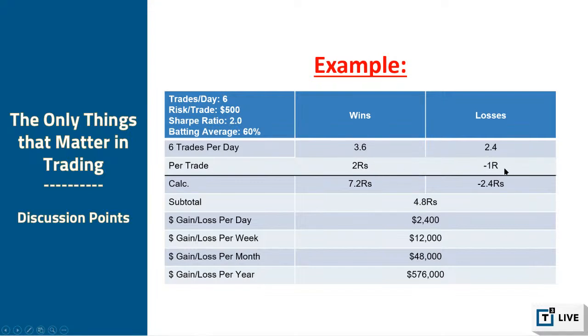Whatever the loss amount is, they make twice as much. So 2 R's, 1 R, right? And then the total money made on the winning trades would be 7.2. The total losses would be 2.4. Net would be 4.8 R's per day.